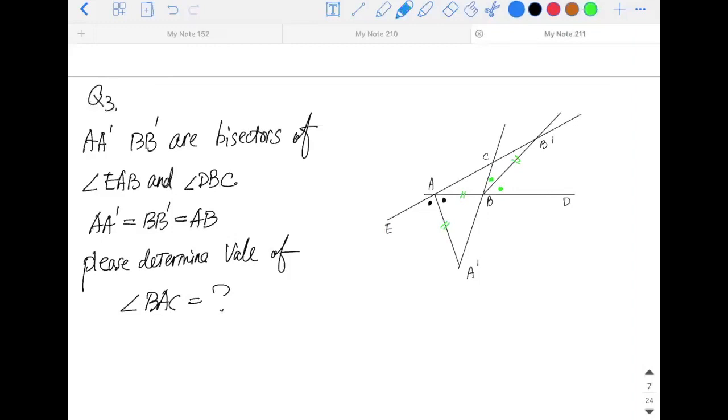Let me change to a different color to help you see this two and this two. These three sides are actually the same in measurement. With all this information, the question asks you, what is the value of BAC?